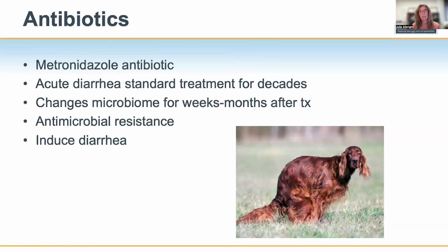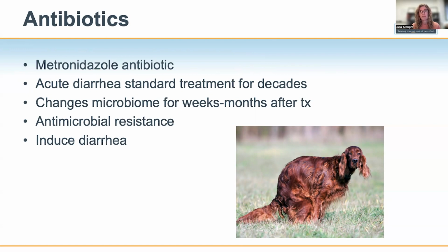So let's focus on metronidazole for a second. This has been used for decades as the first-line treatment for acute diarrhea in cats and dogs. But what we've seen through some really great research studies is that this doesn't just immediately affect the microbiome. It can make what we think are dysbiotic changes for months after the treatment has ended.